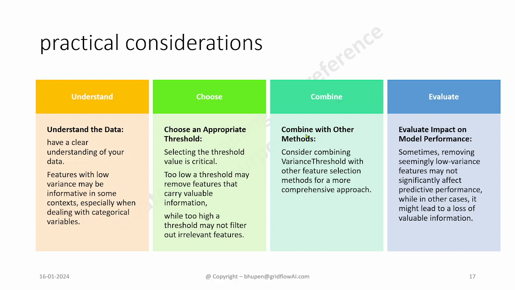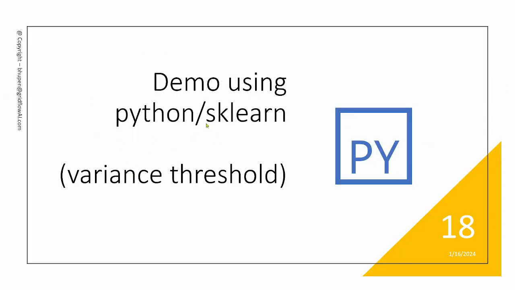You should combine the variance threshold method with the other filter techniques that I'm going to be showing you in this video series, and also look at the features selected in different conditions, like with a different variance threshold. Apply those and come up with the model performances, and then compare the model performances. Next, I'm going to show you how to implement variance threshold in Python using scikit-learn.